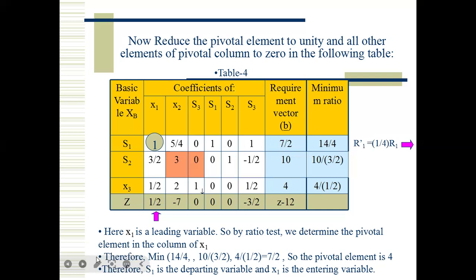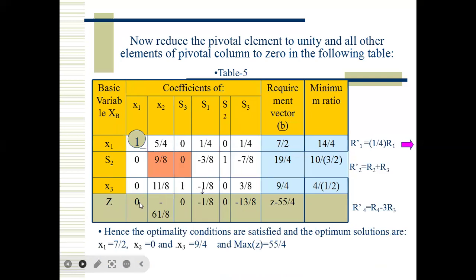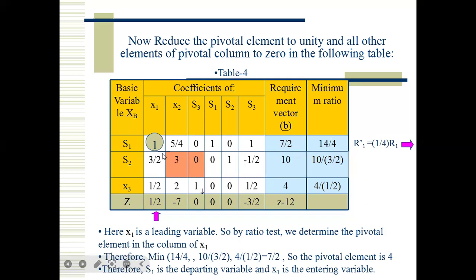Just making 0, how do we make 0? The reduced second row is the second row plus the third row, to make the 0.